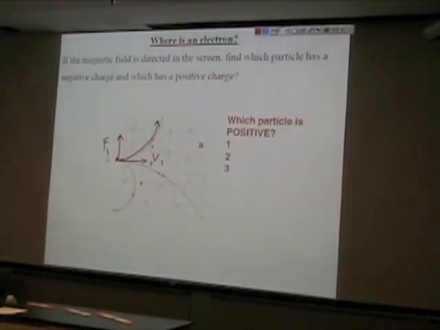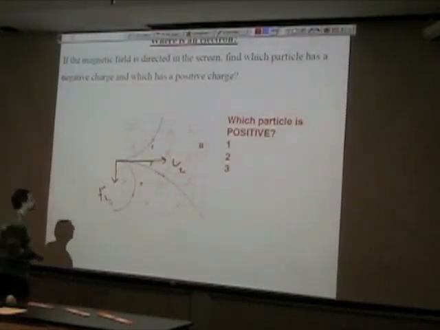What about number 2 or 3? The answer for 2 and 3 is supposed to be the same because the curvature is the same for both. So, again, particle number 2 is entering here. That's the initial velocity. It changes over time, but at this point it's not important. And the force acting on this particle points down.